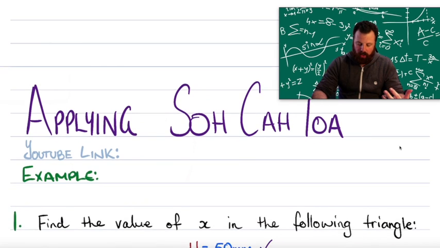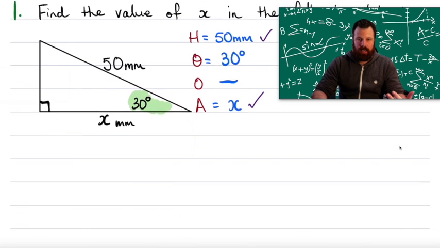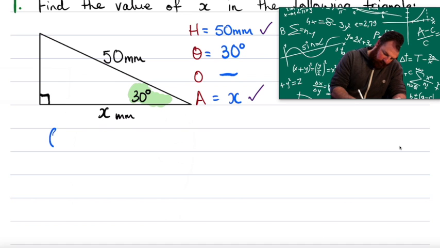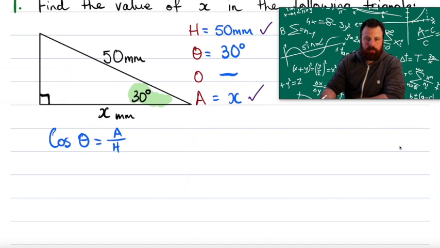use cosine. So to answer this question, what we're going to do is write down cos of our reference angle. Actually, I'm going to write that over here. So cosine of our reference angle is equal to the adjacent over the hypotenuse.